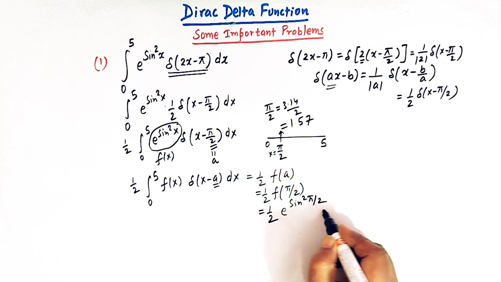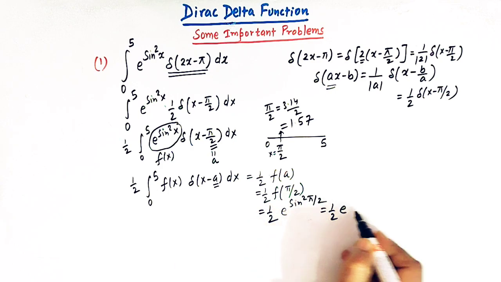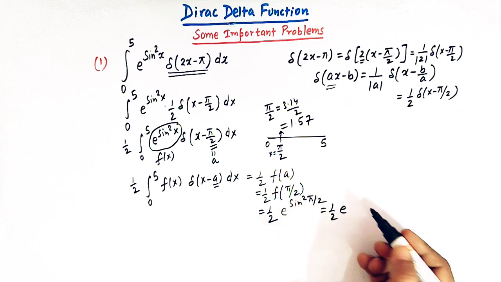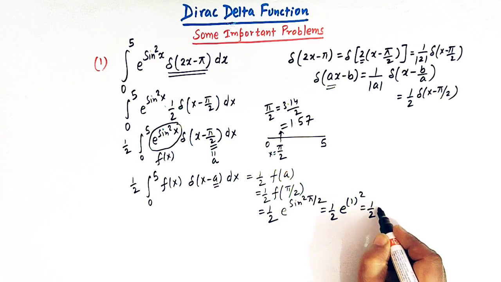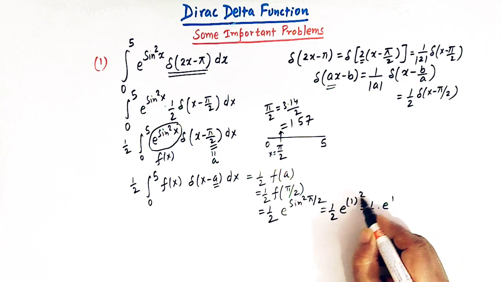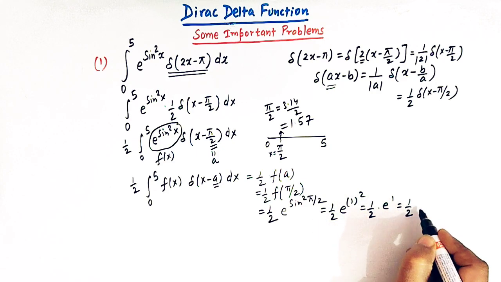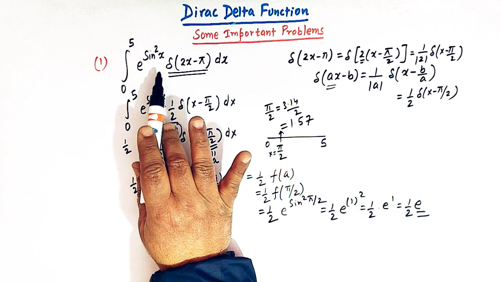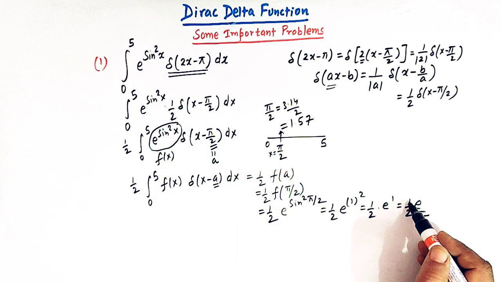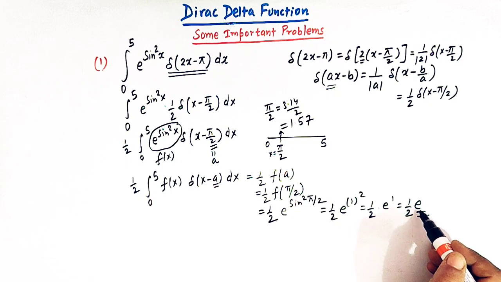And sine pi by 2 is 1, that is sine 90 degrees is 1, so we have 1 square. So we have half times e raised to 1, 1 square is 1, so this is 1 over 2 times e. So the value of this integral is 1 over 2 times e, right?